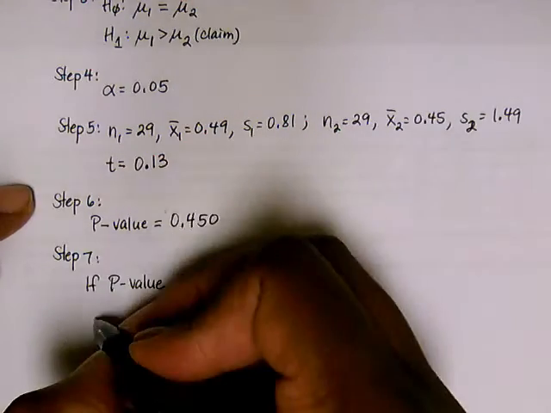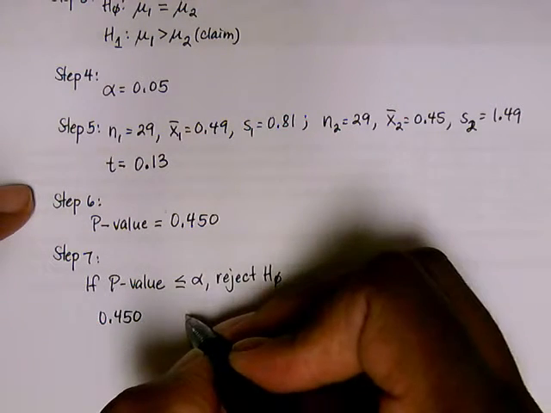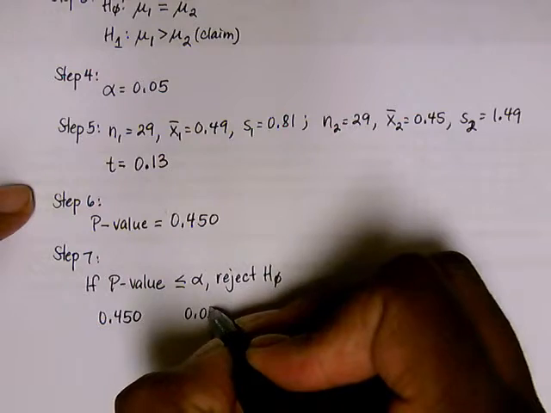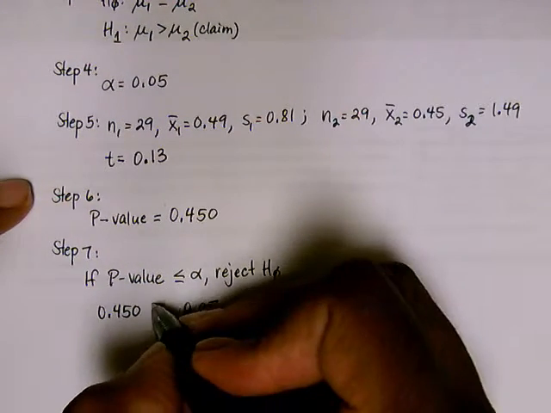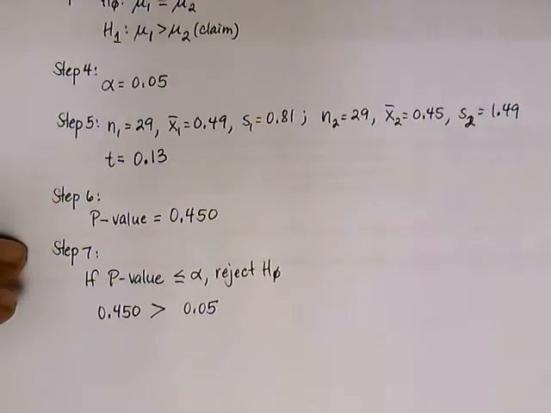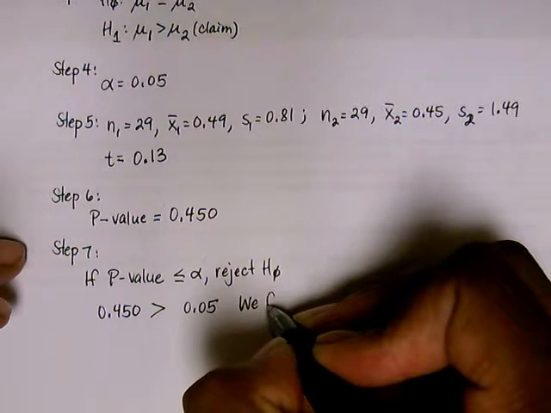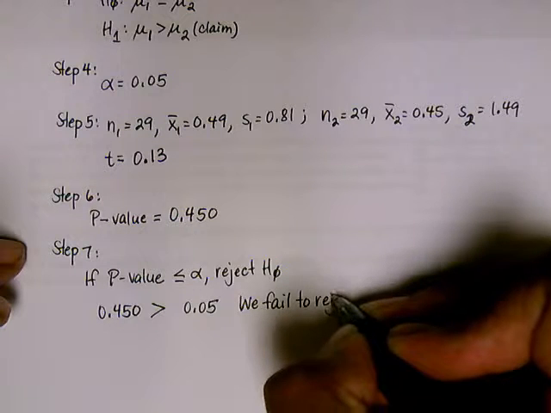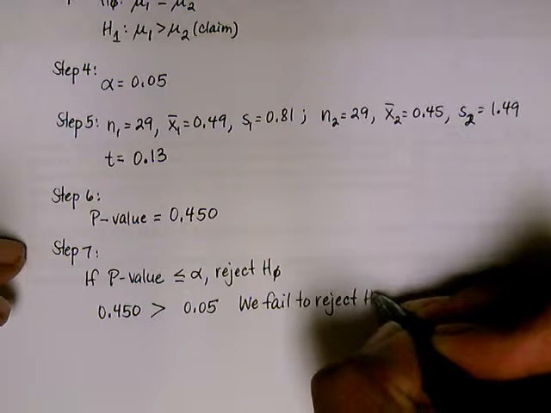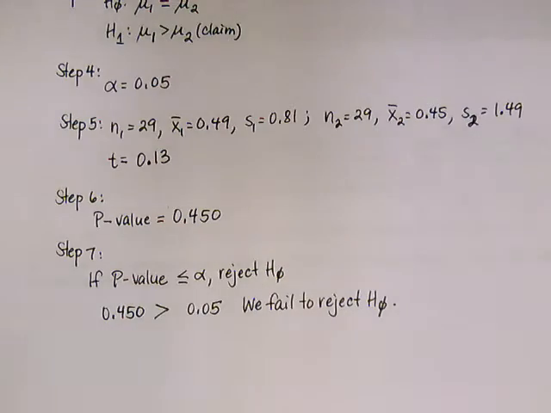And here in this case, our p-value is 0.450. Your alpha level is 0.05. And we're going to compare those two. 0.450 is greater than 0.05. So this does not satisfy the decision rule, so that means we must fail to reject the null hypothesis.